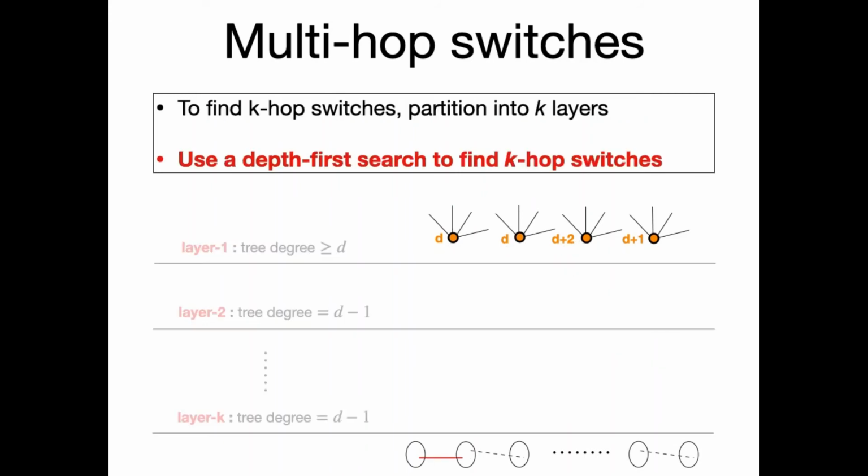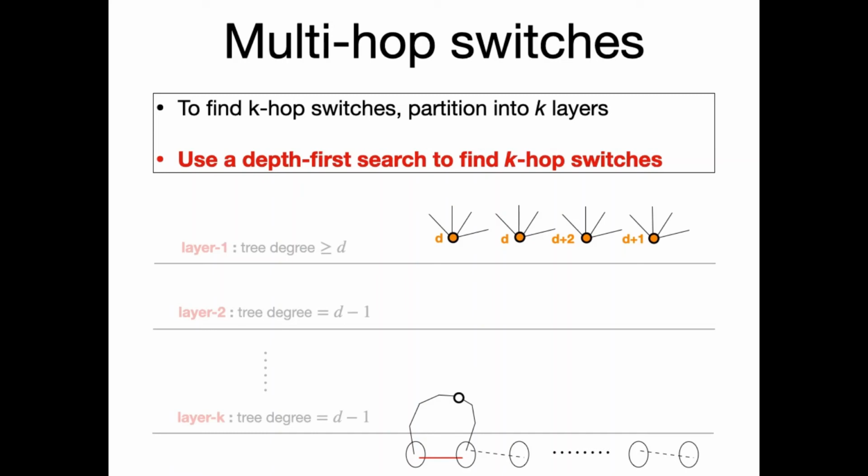To perform a depth-first search, we start with an arbitrary inter-component edge, and then find the tree path connecting both endpoints. Then we try to enumerate vertices on this tree path on higher layers.